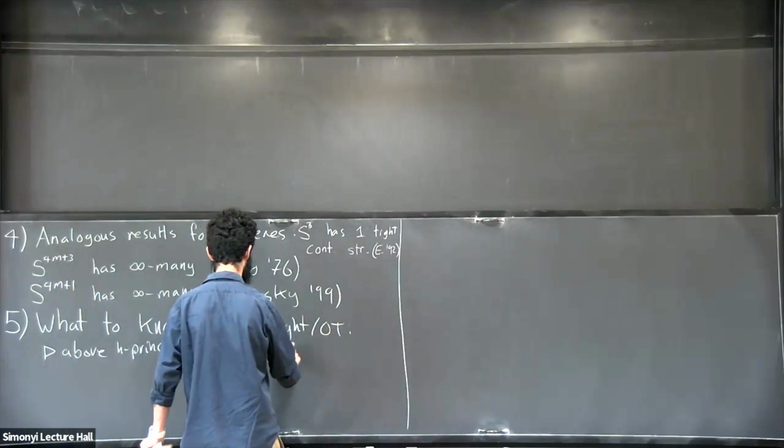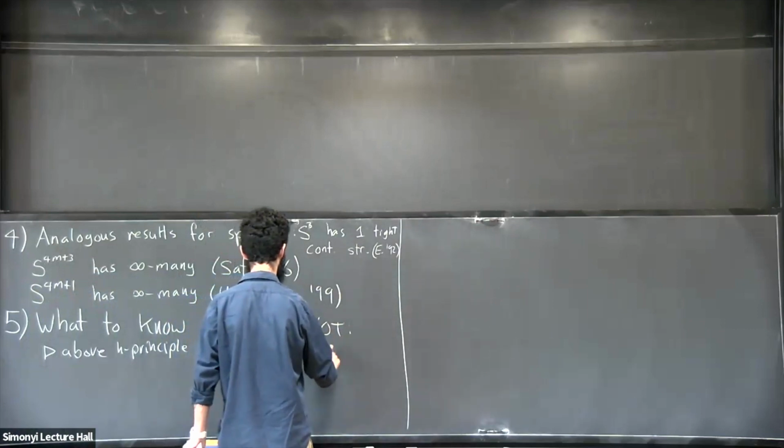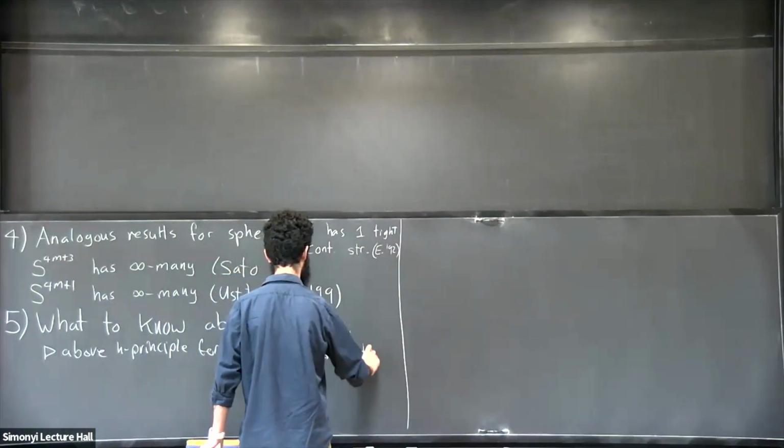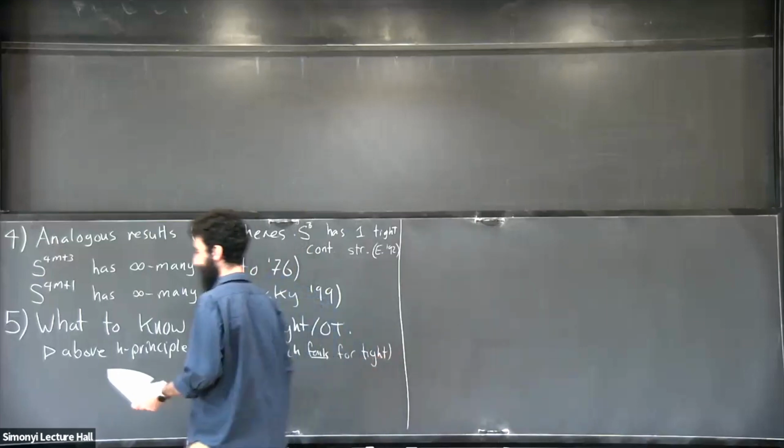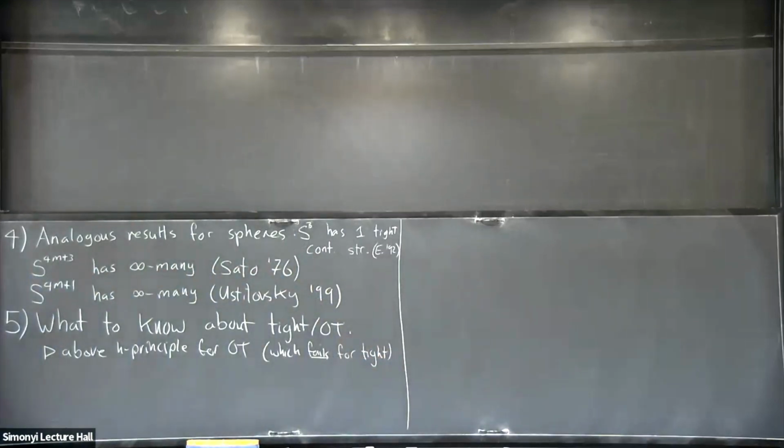That's what makes it interesting. So in a given homotopy class of almost complex structures, you never know what's going to happen. There might be no tight contact structures, there might be one, there might be many.